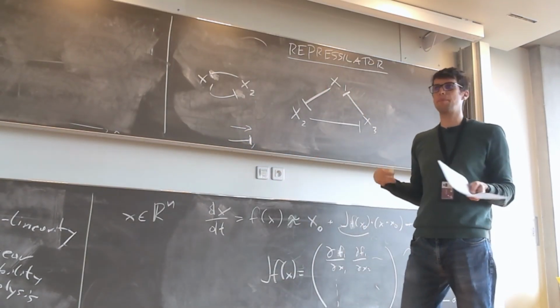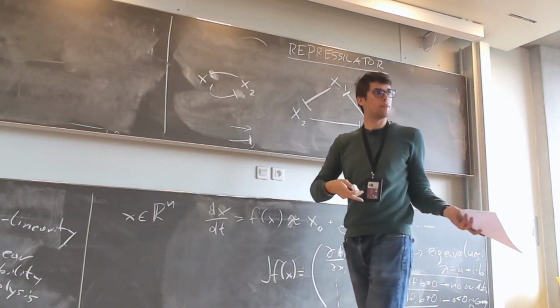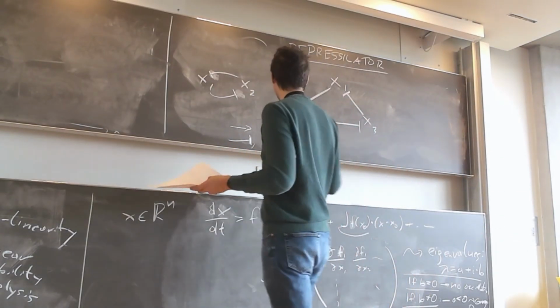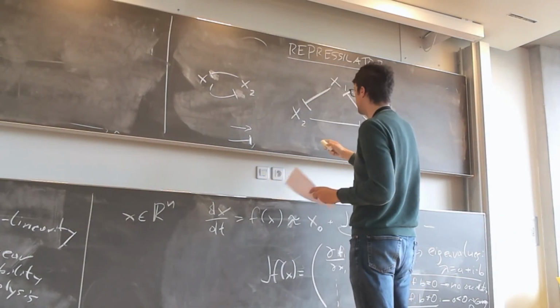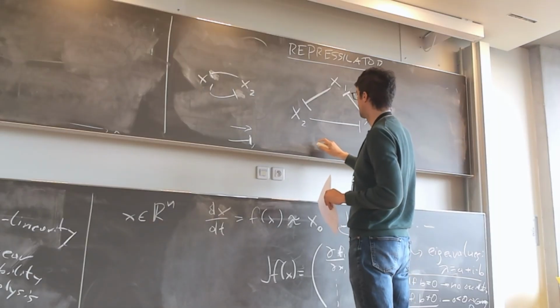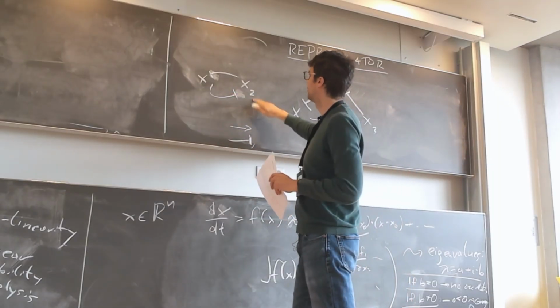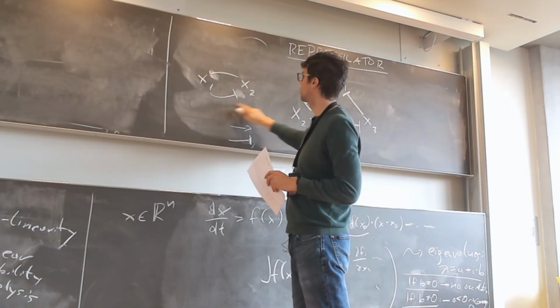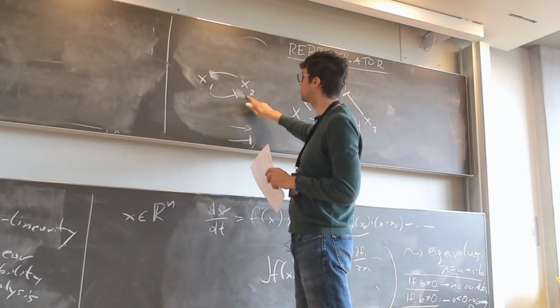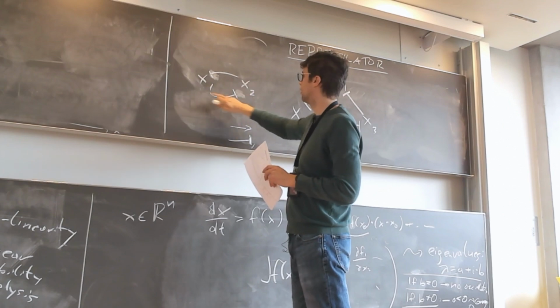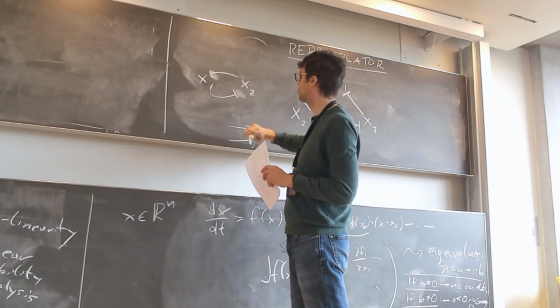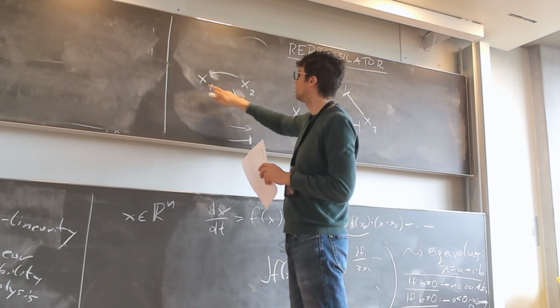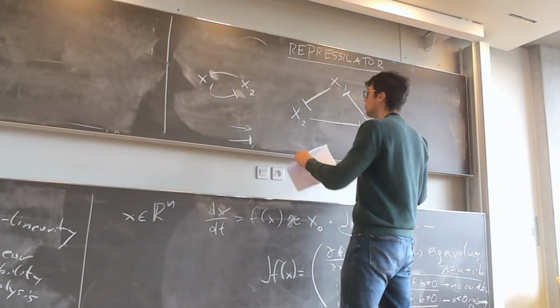And if it's the same parity, so either both of them odd or both of them even, then you're coherent. If not, then you're incoherent, for example. So here again, this is coherent because from x1, you can only go back to x2 with an odd number of repressors, to x1 only with an even number of repressors.